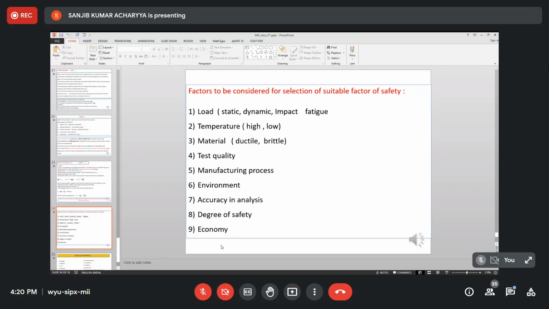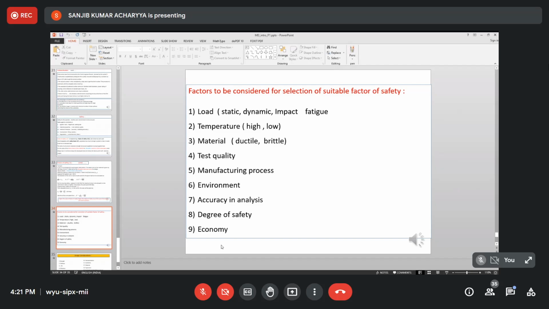We will ultimately know that increasing the factor of safety will increase the dimension of the product and will increase the cost of the product, which is not easily acceptable. So you cannot unidirectionally increase the factor of safety because it will enhance the cost. Therefore, a judicious factor of safety is required.